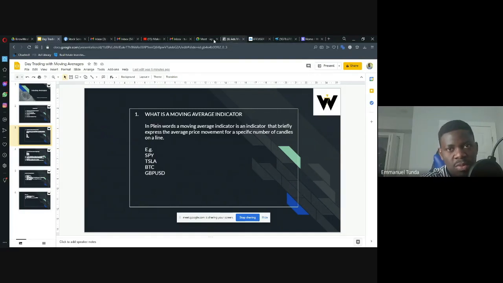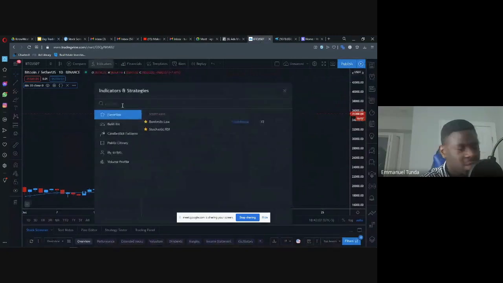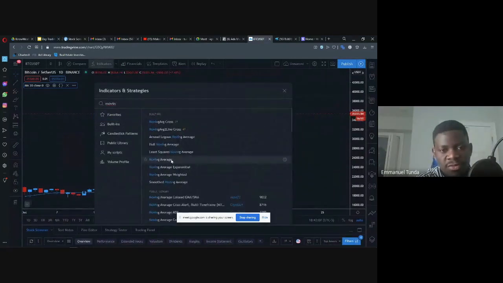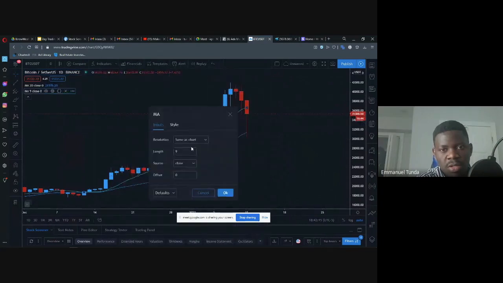So I'm just going to go back to this chart, the Bitcoin one, and I'm going to add another moving average for 50. Here it is. Just going to edit it, sorry, to 50.